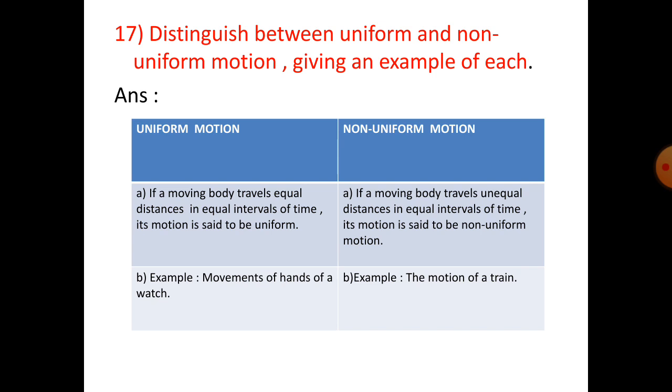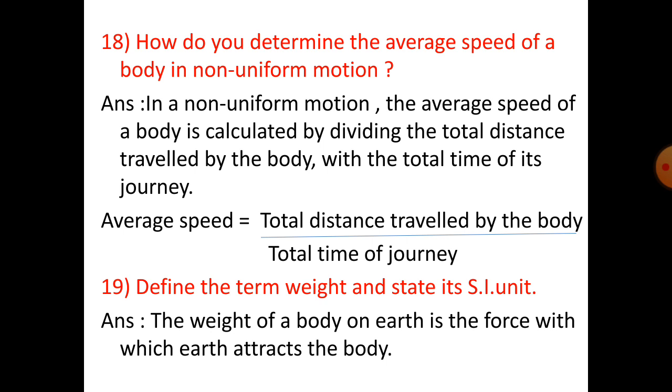Under non-uniform motion, the first point is, if a moving body travels unequal distances in equal intervals of time, its motion is said to be non-uniform motion. Point B. Under uniform motion, movement of hands of a watch, and under non-uniform motion, the motion of a train.